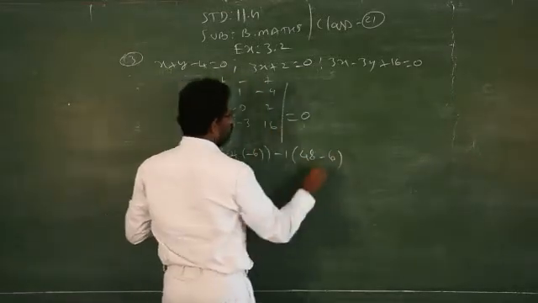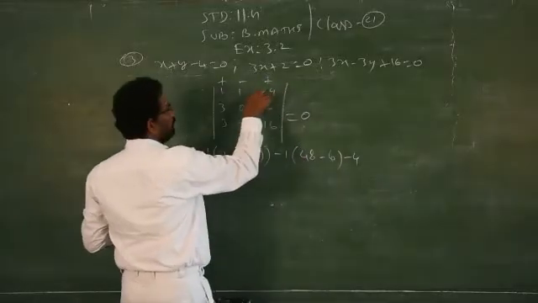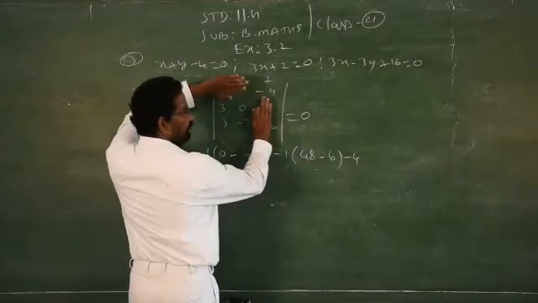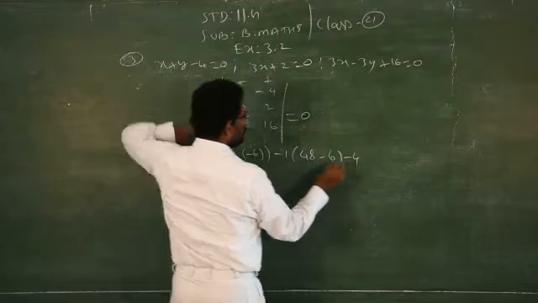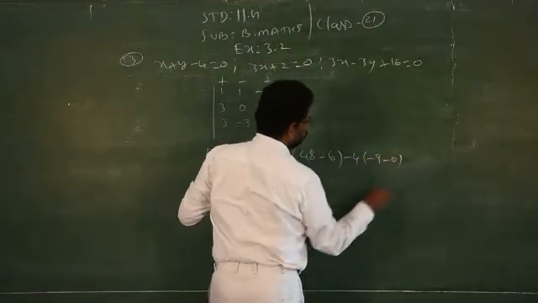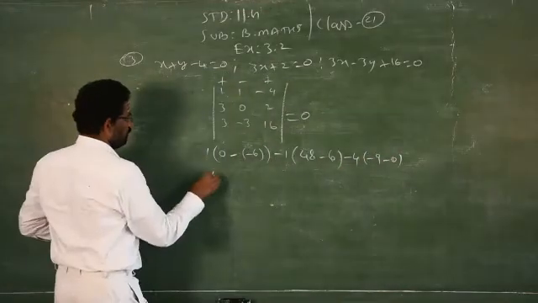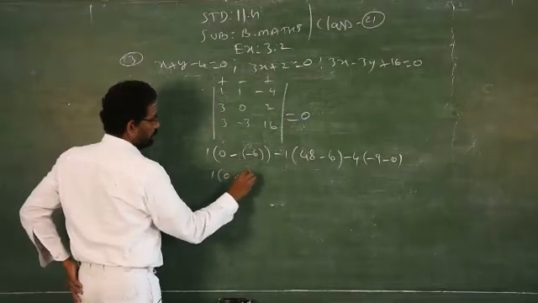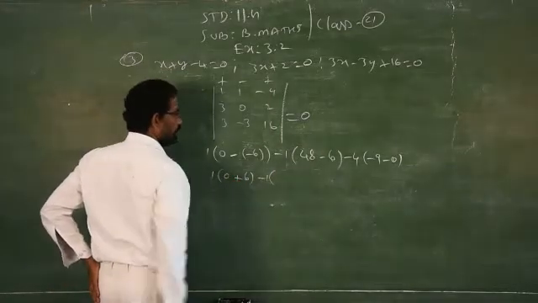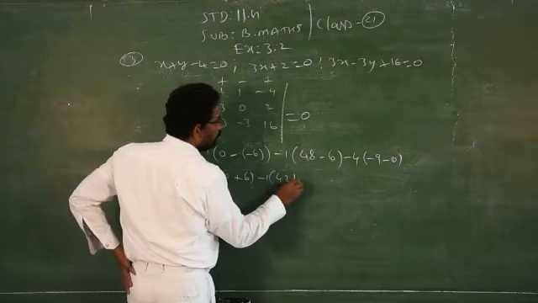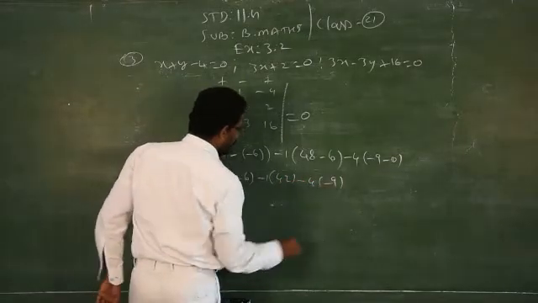Take the last one, minus 4, because the sign is plus, minus 4, covering the row and column: minus 9, 0. So 1 times 0, minus 1 times 48 minus 6, which is 42, minus 4 times minus 9.